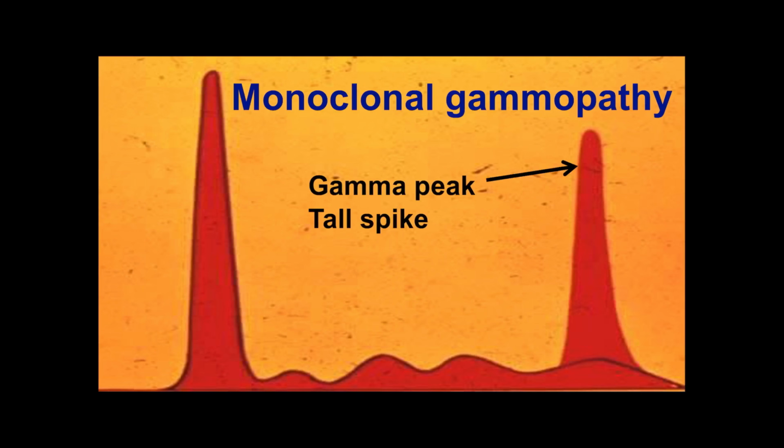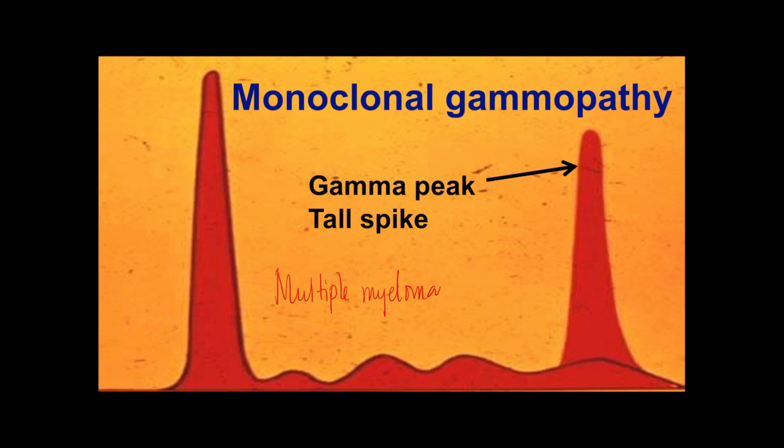In the pattern of monoclonal gammopathy, we can see a tall spike in the gamma region, or we call it as the gamma peak. So this is indicative of a disease known as multiple myeloma. So myelo, that refers to your bone marrow. So in this condition, there is an increased production of immunoglobulins by your plasma cells. But these immunoglobulins or antibodies are non-functional.